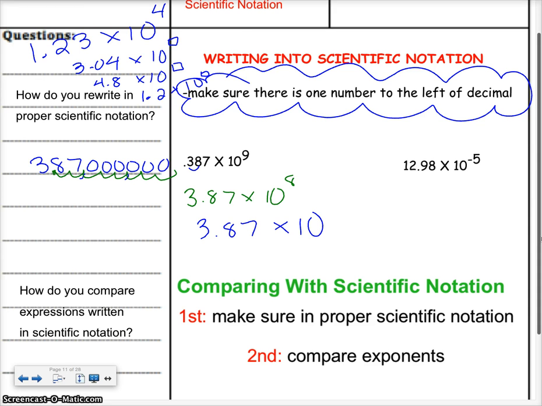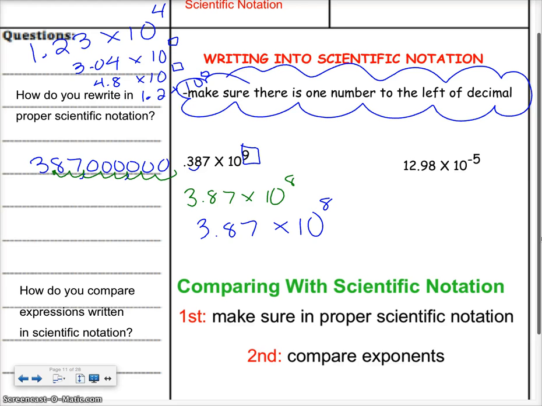How many do I have left? 8. That's the logical form.